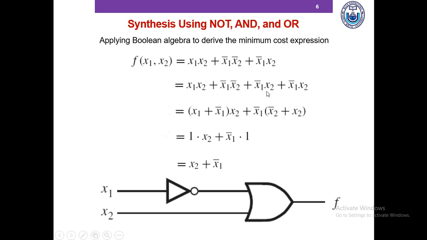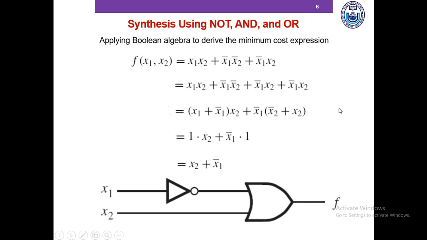Here, for instance, I have just copied this term x1 not x2, because as we know, x plus x is equal to x, which means you can write any term of an expression as many times as you want. Now we perform a commutative operation, and then a distributive operation to obtain x1 plus x1 bar, which is equal to 1, and then we know x and 1 is equal to x, so we end up with x2 plus x1 bar.